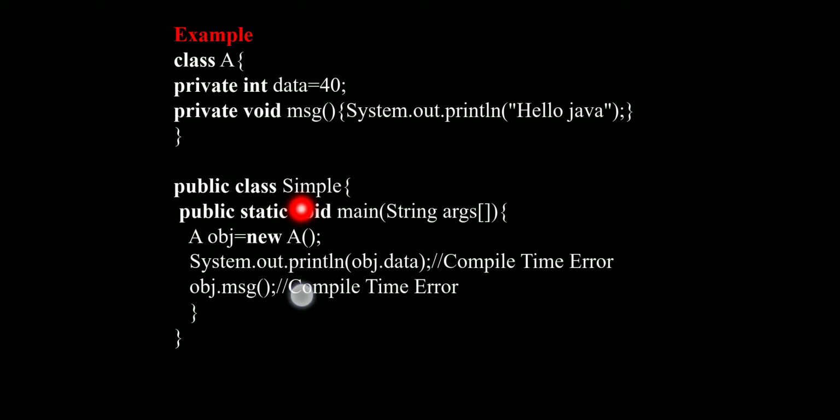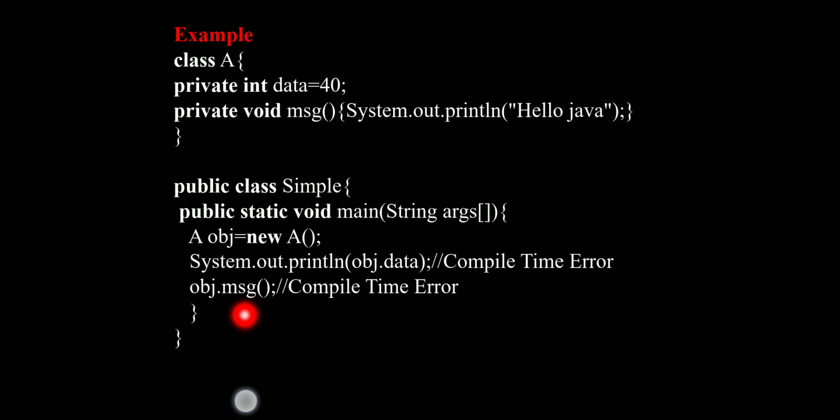In a public class Simple, the class name is Simple. In that class we write the main method and create the obj object with the help of the class name and print obj.data. We are calling this data from the obj object. It gives a compile time error, and again we call the message method with the help of the obj object.